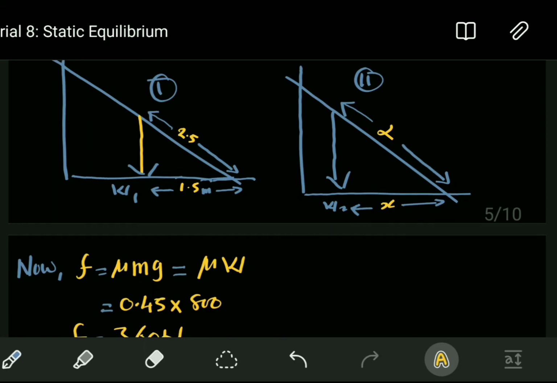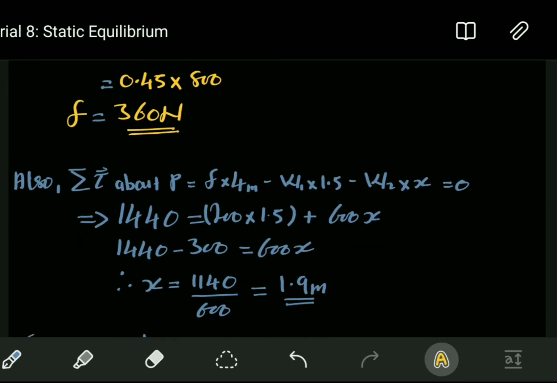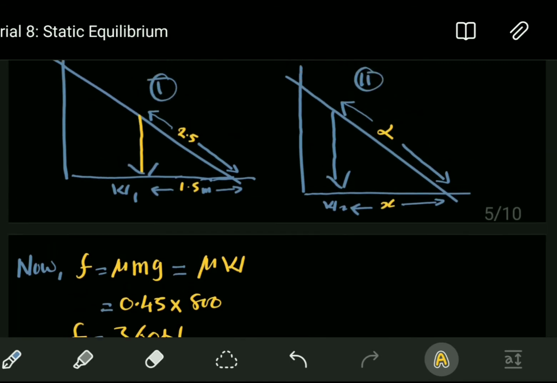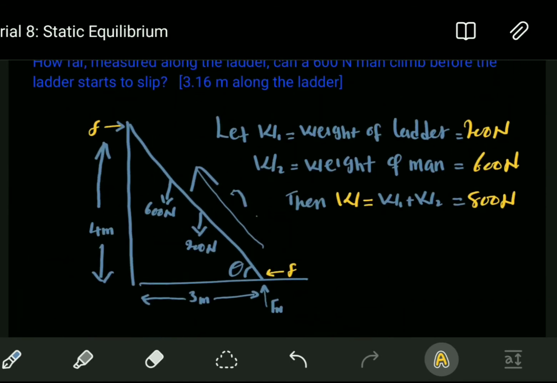So we say that the torque about a point P is going to be the frictional force acting along a height of 4 meters. If you look at this system here, the frictional force is acting along a height of 4 meters, the perpendicular distance.